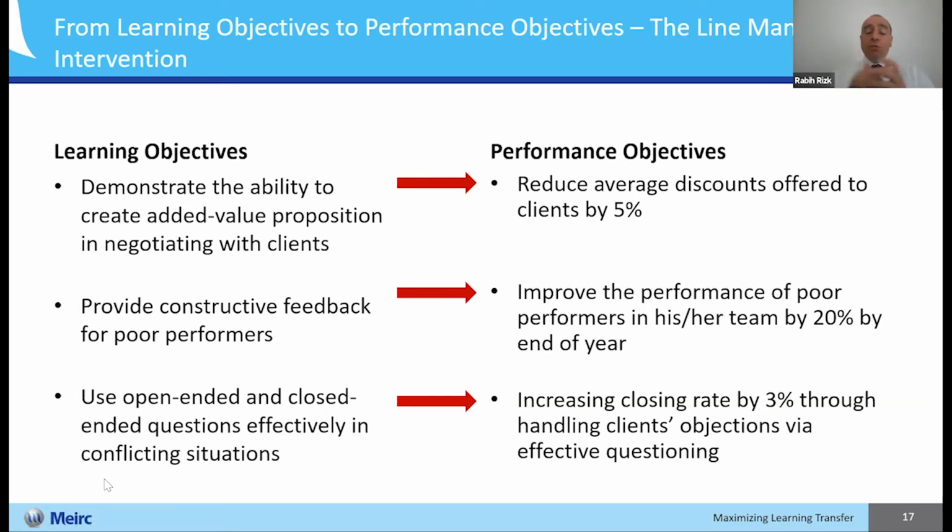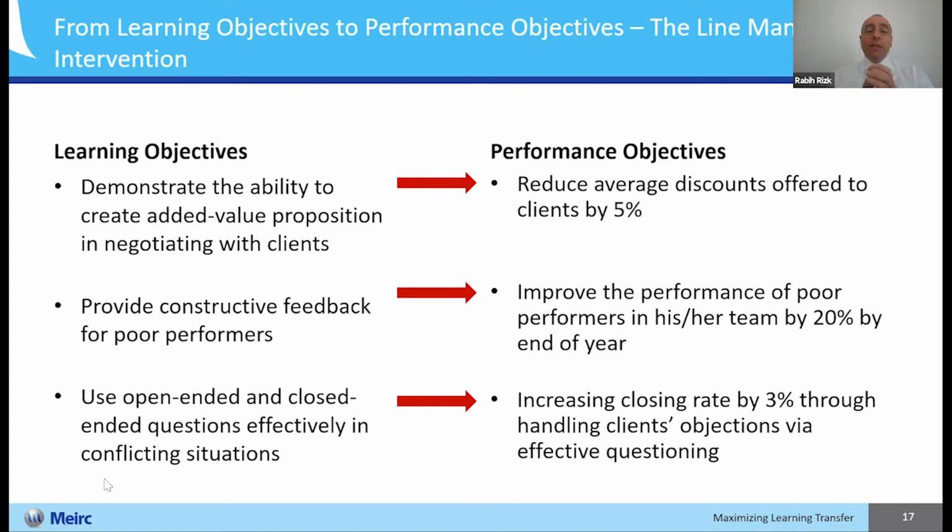And if I ask you, just out of curiosity, please write to me in the chat the percentage of managers, line managers, who would sit with an employee before they go to a training and agree with them on what change in behavior they expect from them after the training happens?